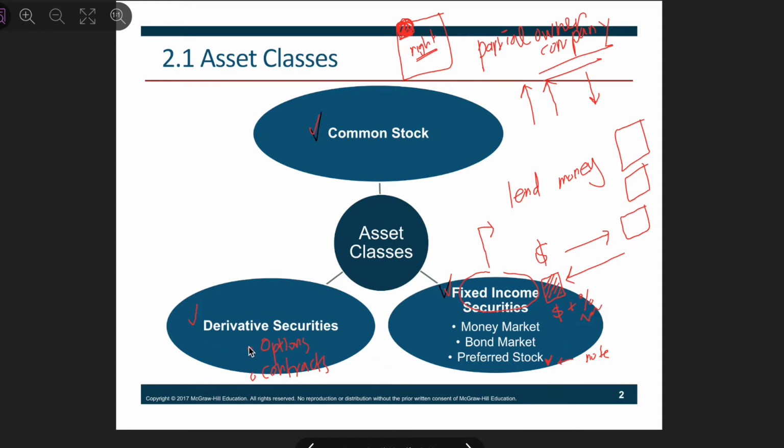And third, we have options and contracts, which bet on the futures. Both common stocks and fixed income securities we purchase today, and they are in effect from today. If you purchase the common stock, your value goes up and down according to the stock price.